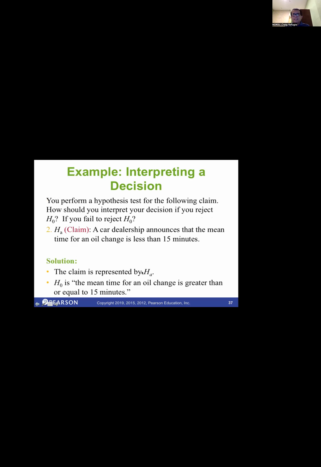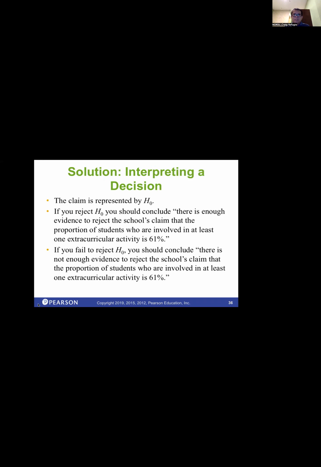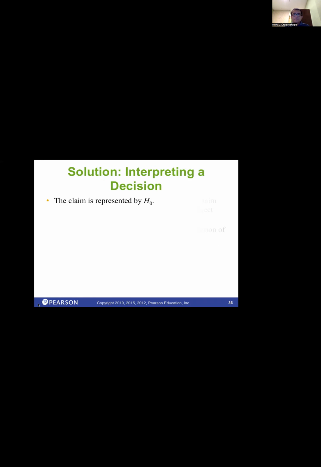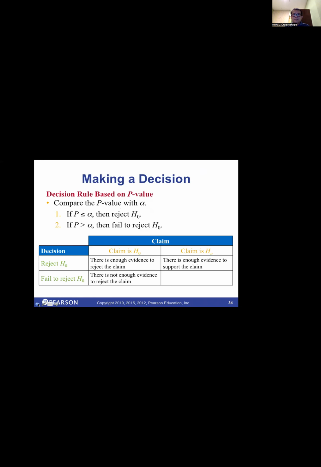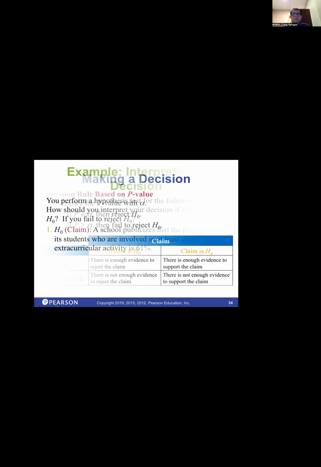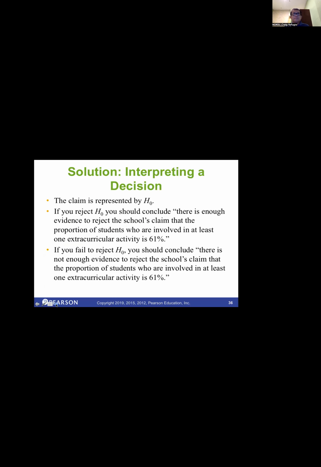So remember that it is stated in here: the claim is HA. So let's go back to the template for emphasis. The claim is HA. The first is reject H0, so our template says there is enough evidence to support the claim. The second one is fail to reject H0: there is not enough evidence to support the claim. So let's go back to that example.